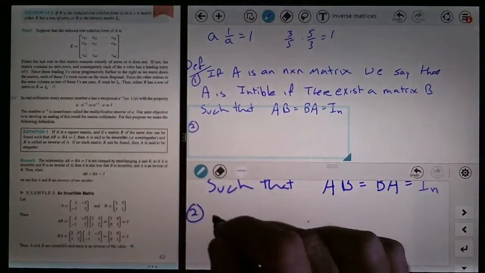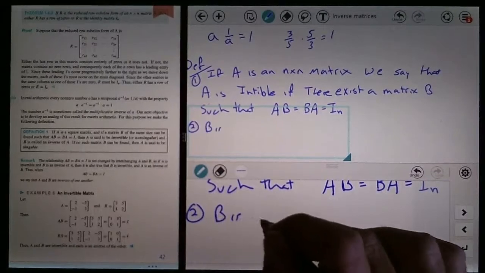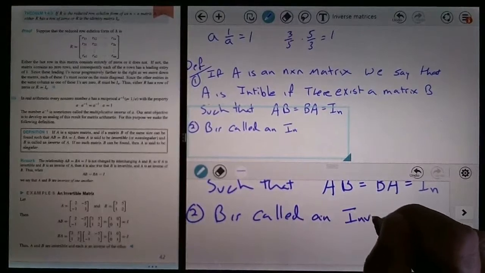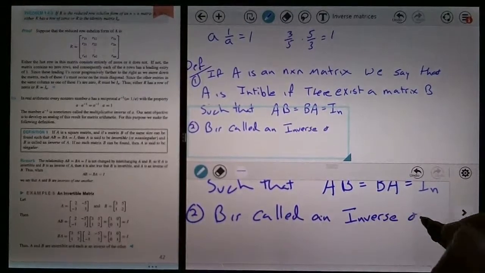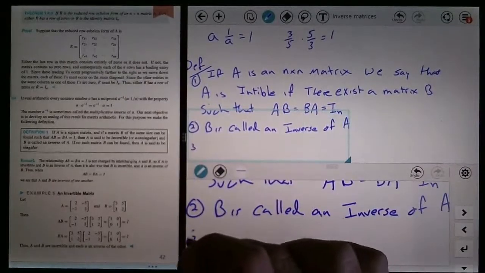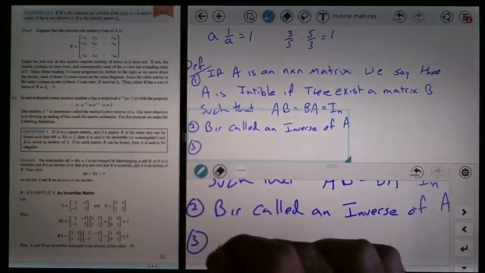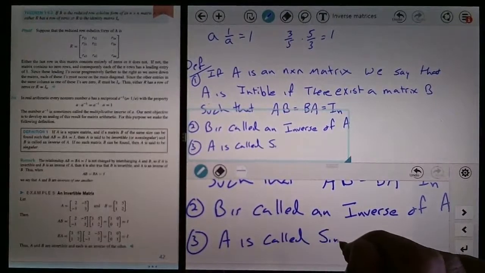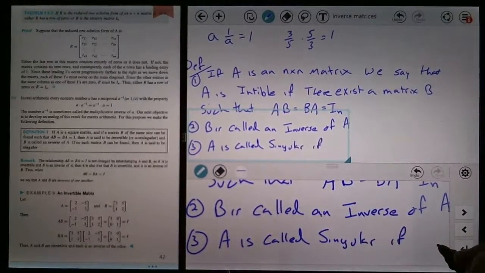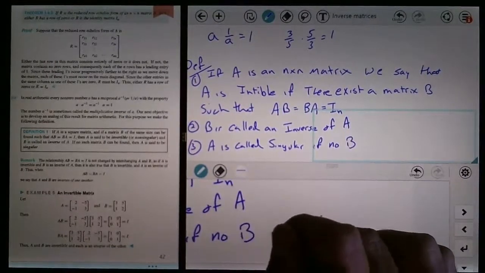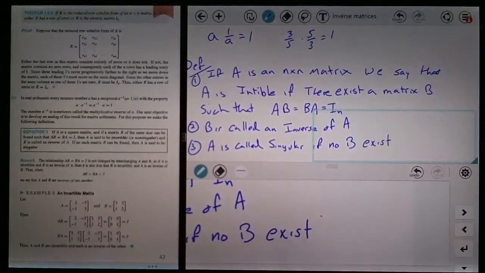In the event that this happens, B is called an inverse of A. And 3, if you can't find it, A is called singular if no matrix B exists. If there is no such matrix that this works, then we say A is singular. Okay.